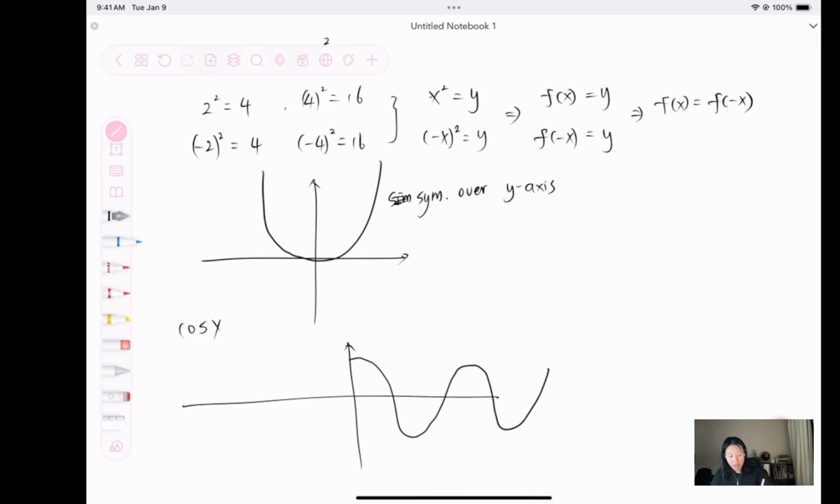So on the left side of the coordinate plane, it looks like this, right? So look at the blue and the red. What do they look like? They are symmetric over the y-axis. That means cosine is also an odd function.